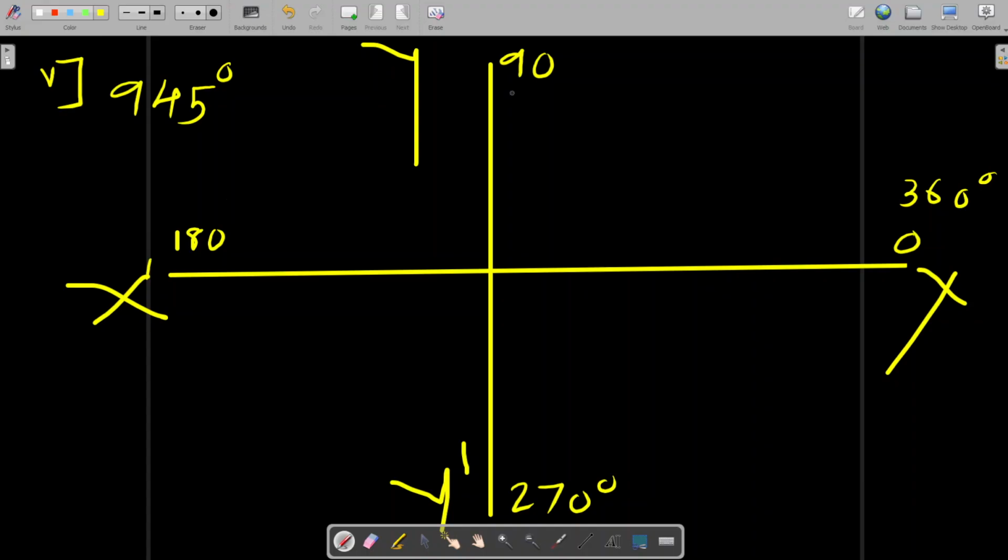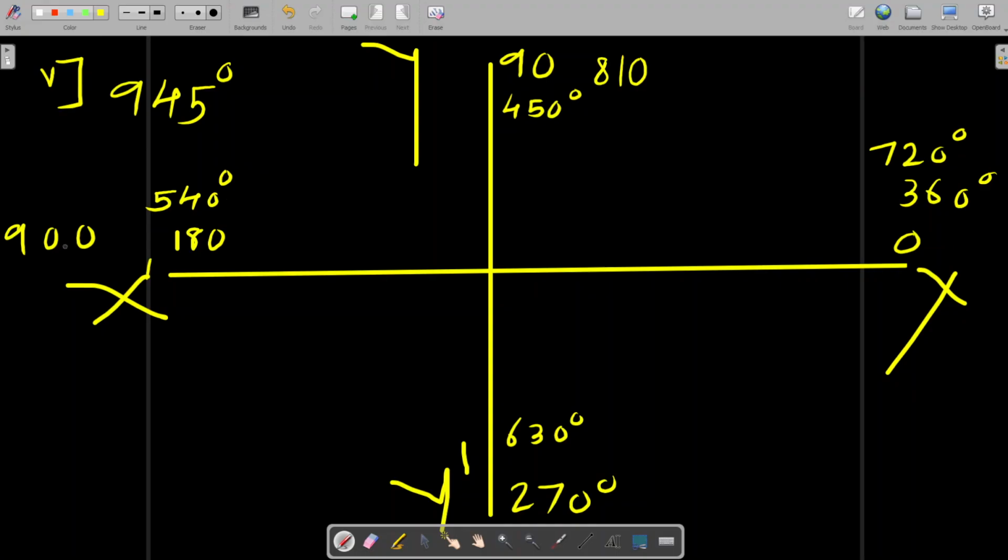here you have 450, here you have 540, here you have 630, here you have 720, here you have 810, here you have 900 and plus 45.